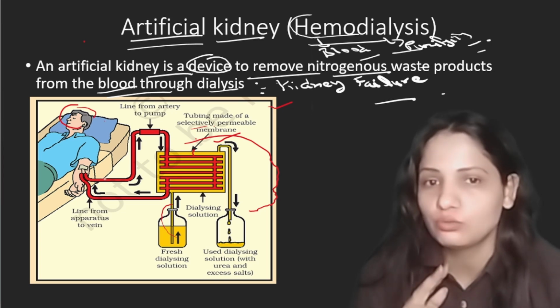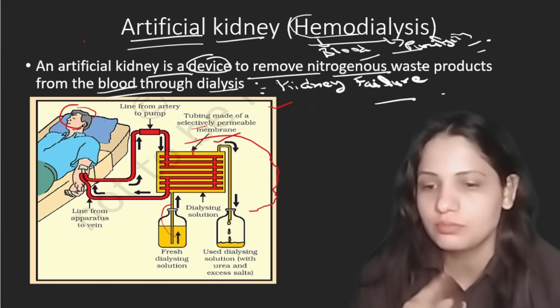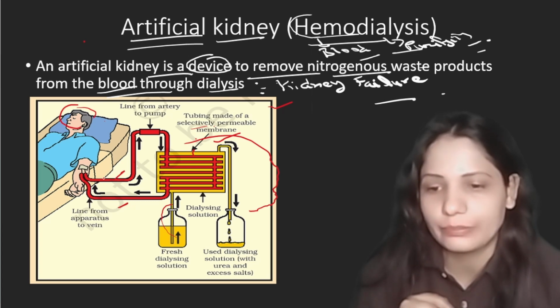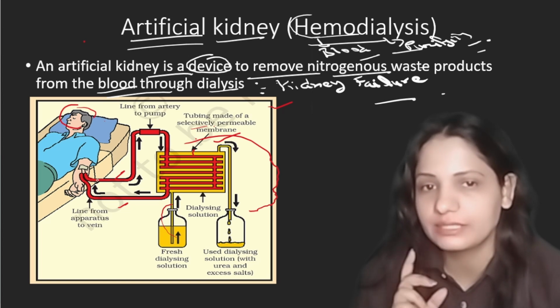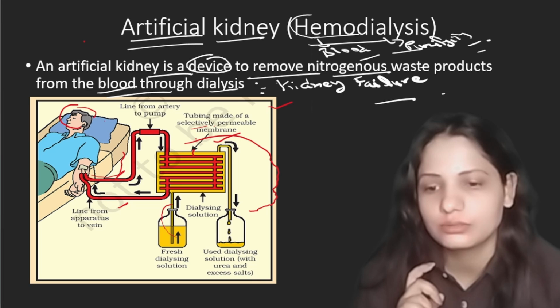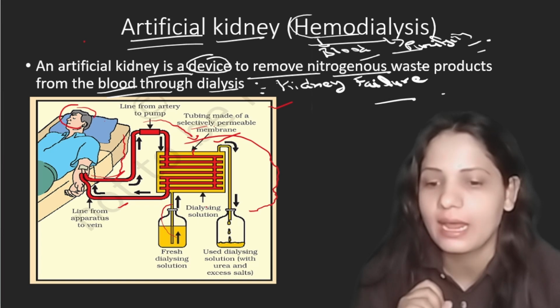Here you can see two tube-like structures, two lines of tubes. This first tube is connected to the radial artery of the patient, and this artery carries blood. This blood is sent to the chamber which consists of semi-permeable membrane, and from this tank solution is passed.